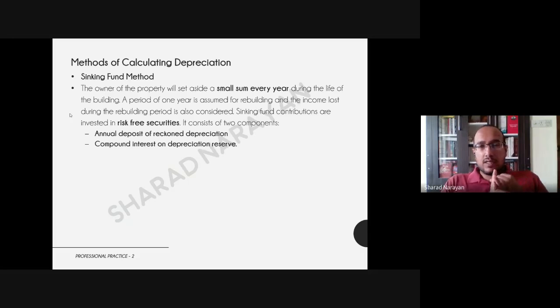The sinking fund, the risk free securities, comprise two components: you have an annual deposit and you have compound interest. To give you a simple understanding, think of it as a recurring deposit. Those of you who have been brought up with some understanding of banking will be able to relate to this.